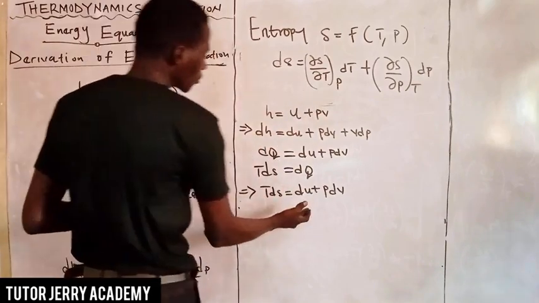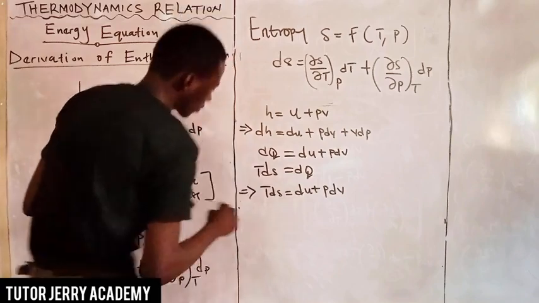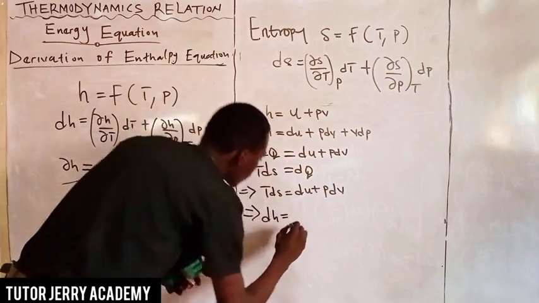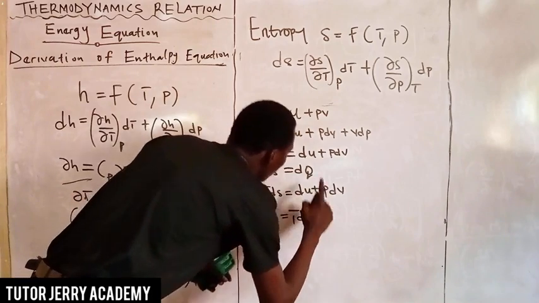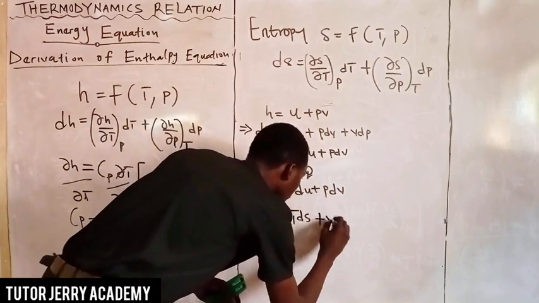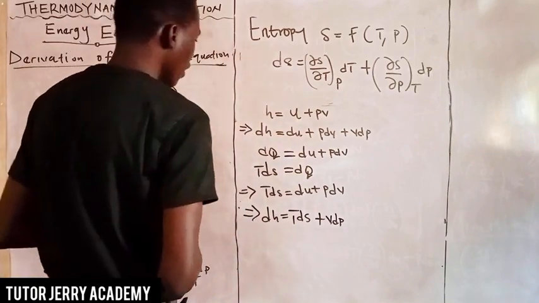So we can substitute dU plus P dV equal to T dS in this equation. If we do that, dH will be equal to T dS plus V dP.